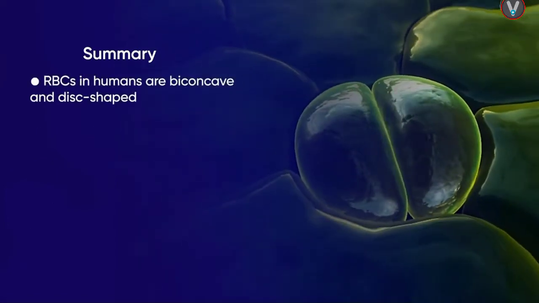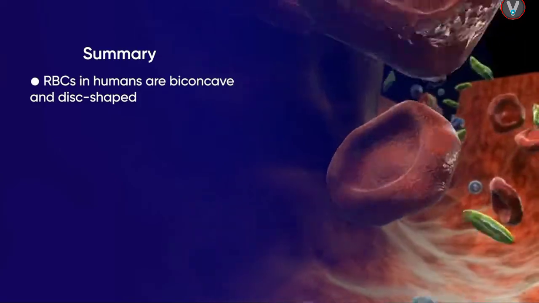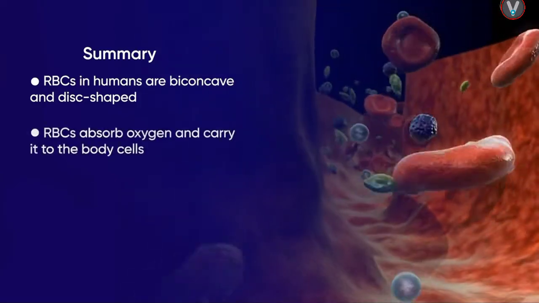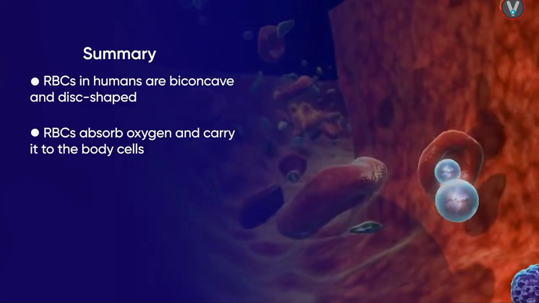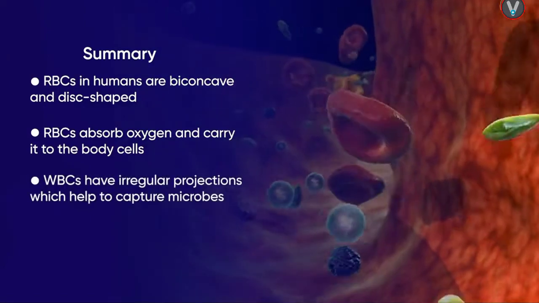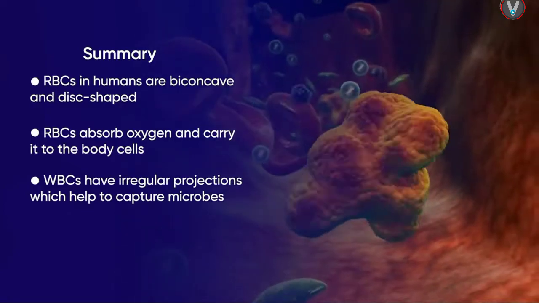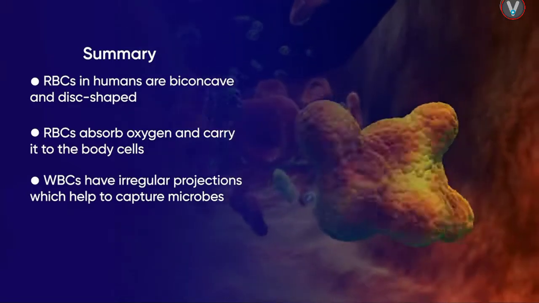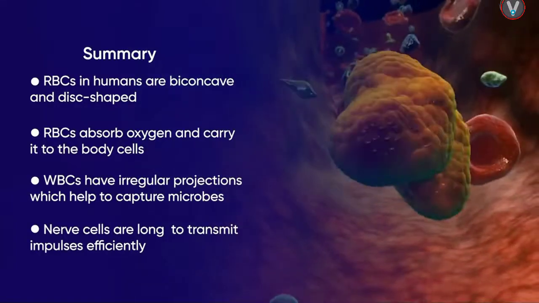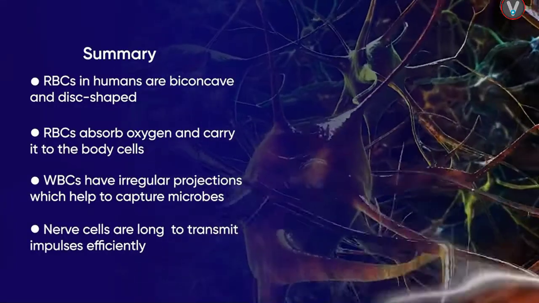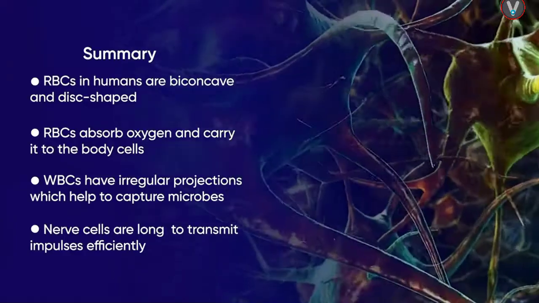In humans, the red blood cells are biconcave and disc-shaped and can absorb oxygen, which is carried to the body cells. The white blood cells are amoeboid-shaped and help to capture the microbes. The nerve cells are long and transmit impulses efficiently from one part of the body to another.